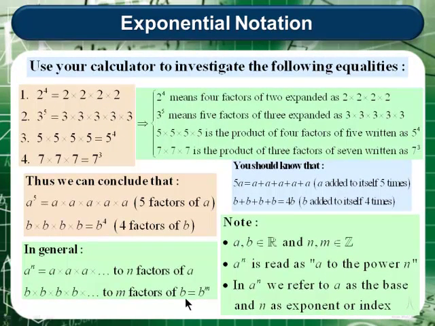In this case, the a and b are called the base, and they can be any real number. While the numbers n and m, in other words, the index numbers, at this point of time must be an integer. If you see a to the power n, then we read this as a to the power n. In a to the power n, we refer to this a as the base and to n as the exponent or index.